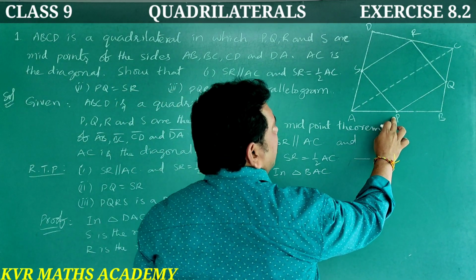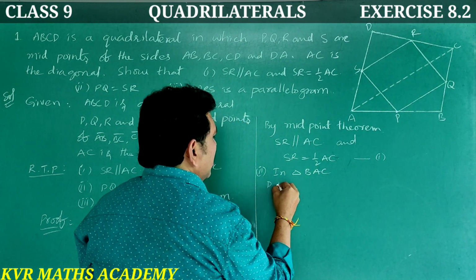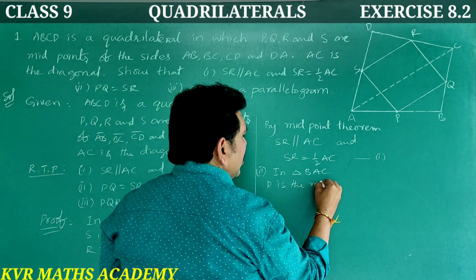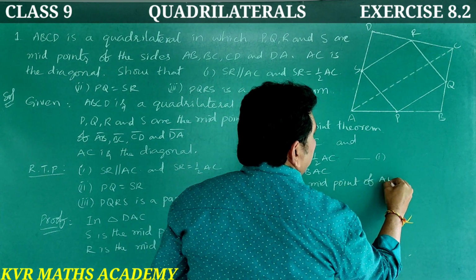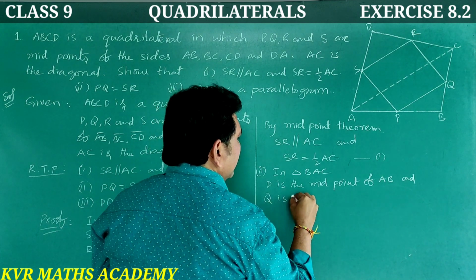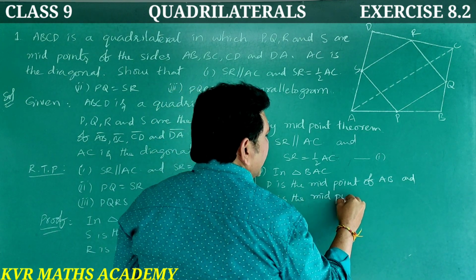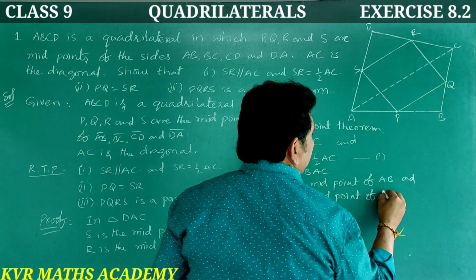In triangle BAC, see, P is the midpoint of AB and Q is the midpoint of BC.